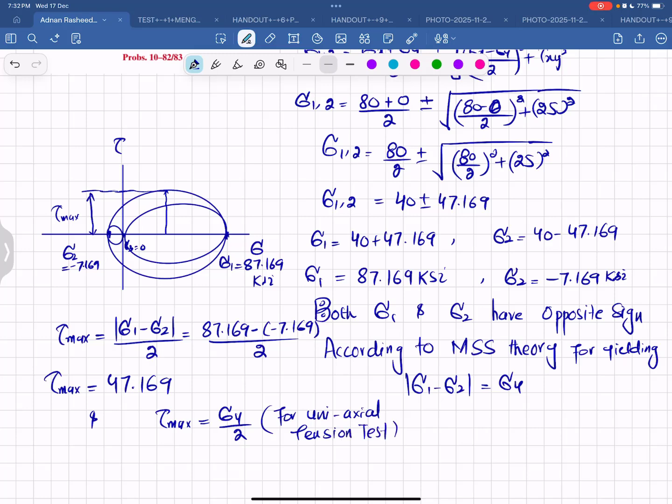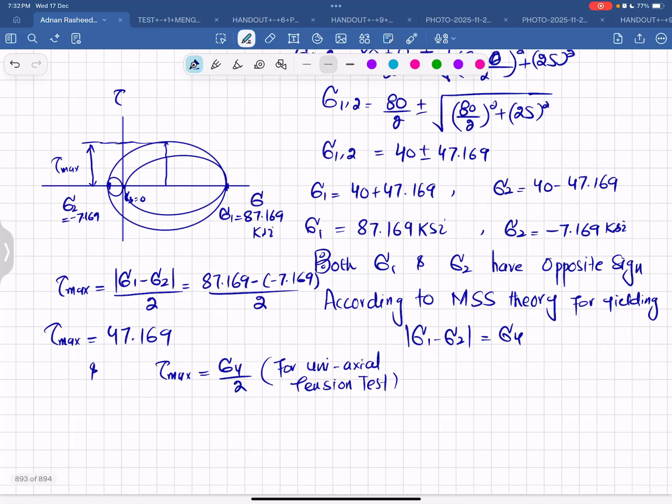And this maximum shear stress, which is tau max, I will write it here. This is sigma 1 minus sigma 2 divided by 2, which for failure should be equal to the maximum shear stress in the uniaxial tension test, which is sigma y divided by 2. This is also maximum shear stress.